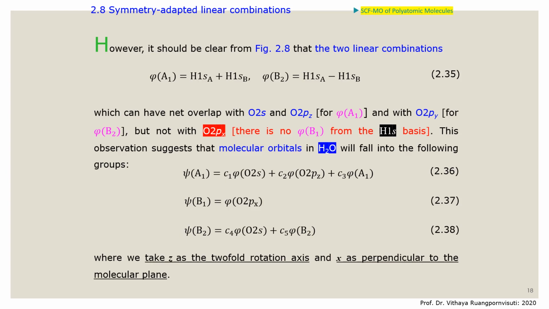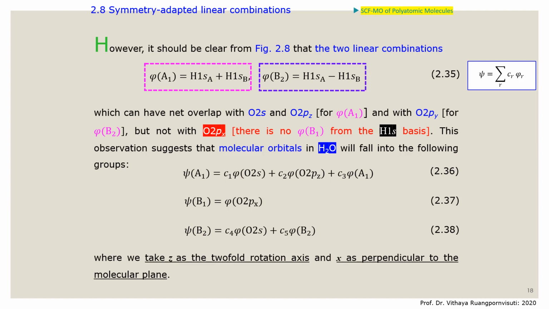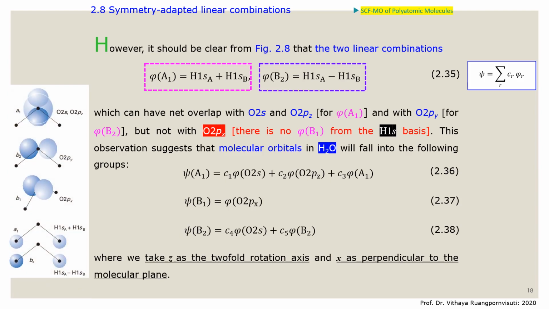It should be clear from figure 2.8 that the two linear combinations based on the symmetry adapted linear combinations, shown as equation 2.35, can have net overlap with O2s and O2pz, and with O2py, but not with O2px.